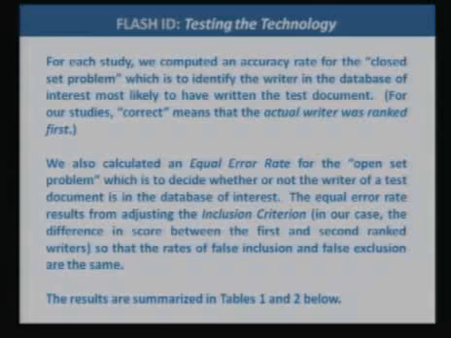The closed set error rate, for us, wrong is if the document's not ranked number 1. For open set testing, we need an inclusion criteria to decide, is the document in the database? Meaning, is the top-ranked document really a good candidate for writership? And our inclusion criteria is the difference in scores between the top-ranked and second-ranked candidates.